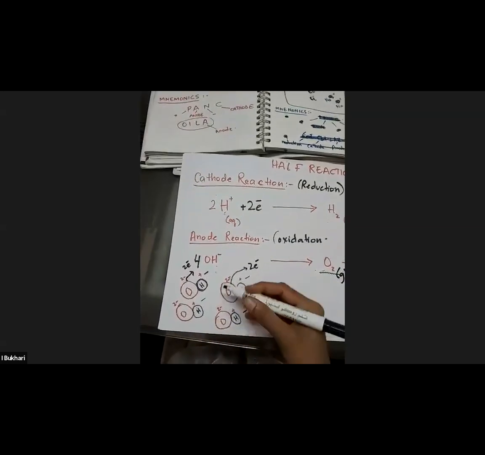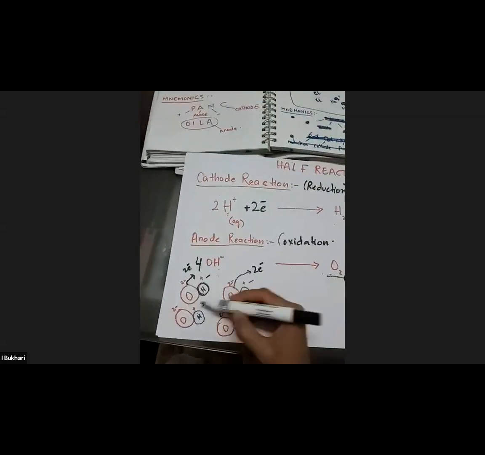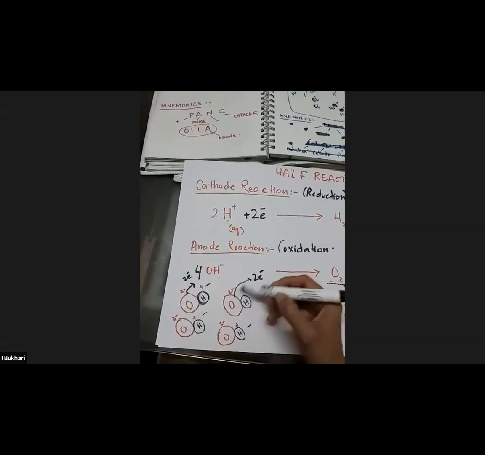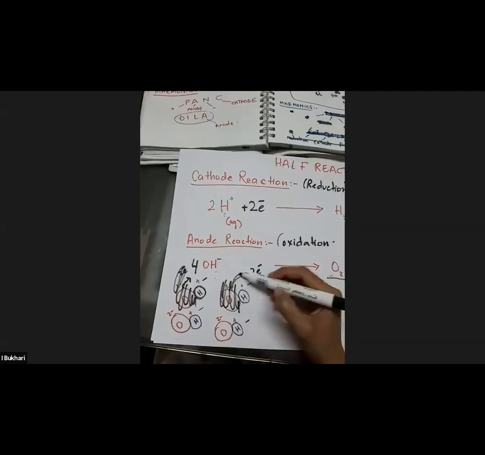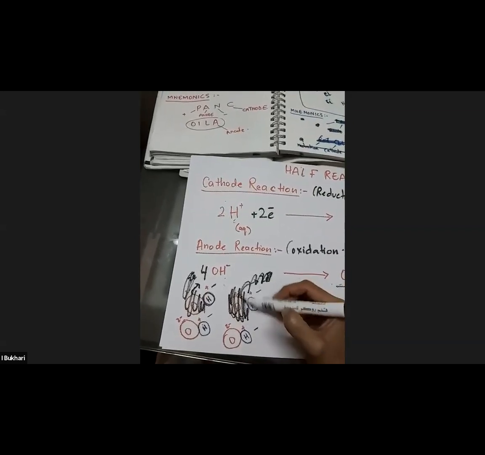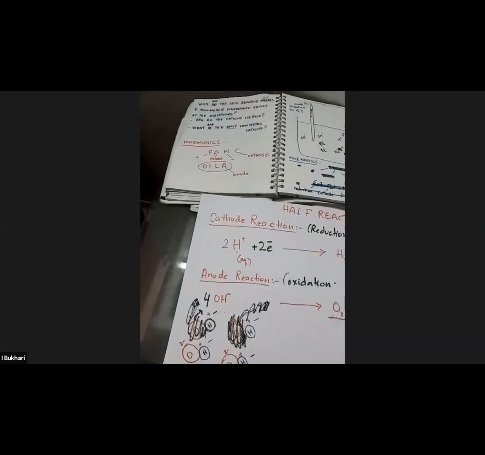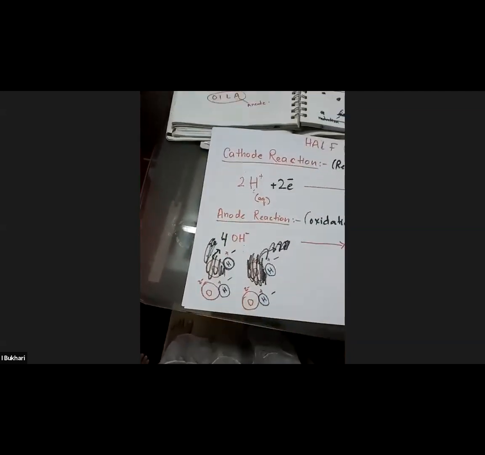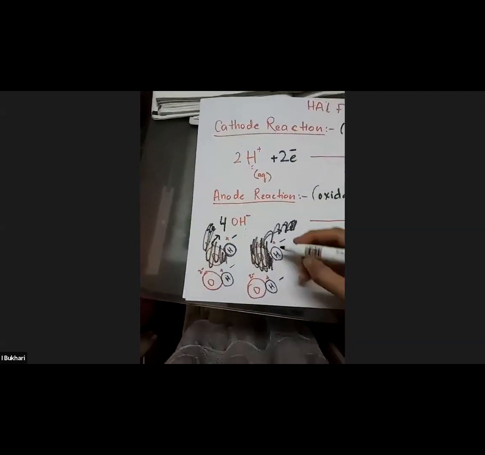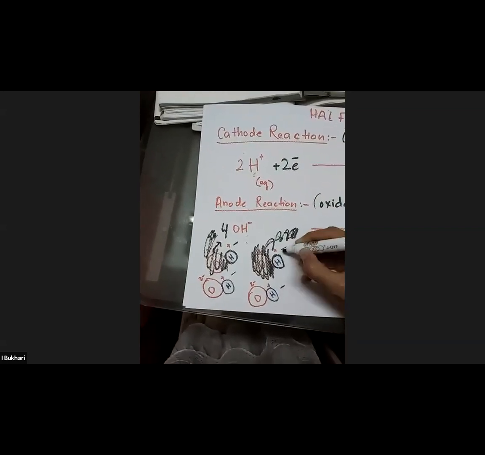Now what are we left behind with? Because they have made covalent bonds with each other, they have lost 2 electrons. So I am canceling them out so that you can visualize what is left behind. Can you see these 2 hydroxides are left behind along with these 2 hydrogen ions?